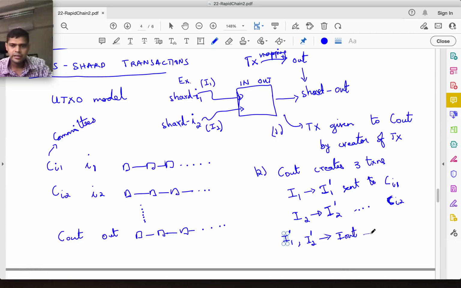Okay, and this is created in such a way that it is meant for this output shard.